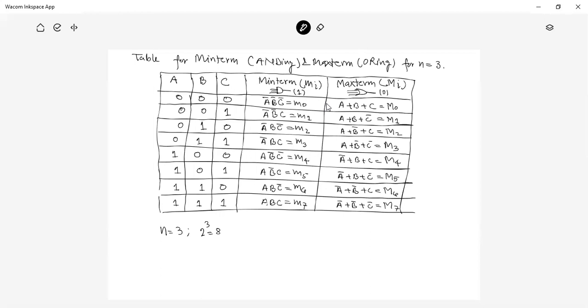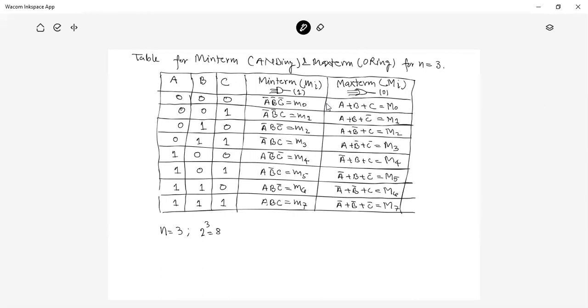Here it is 0 1 1. So B and C are 1, A is 0, so A bar is 1. So A bar B C for M3. Here A is 1 and B and C are 0, making B bar C bar, so A B bar C bar is M4. Here it is 1 0 1, B is 0, so make B bar: A B bar C is M5.